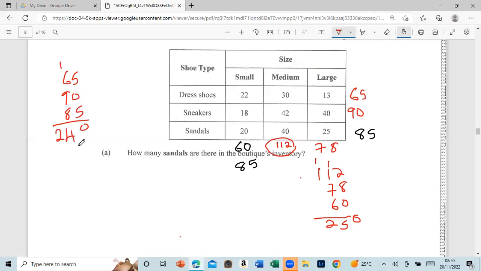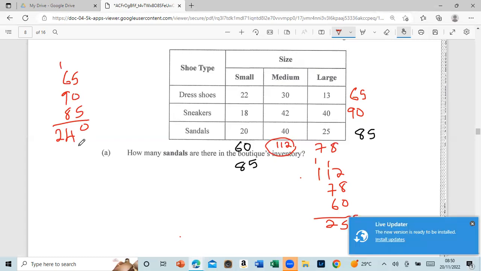All right. Let me check it correctly. So it's 65 plus 90 plus 85. So that's 240. That's correct. What was it for sneakers?